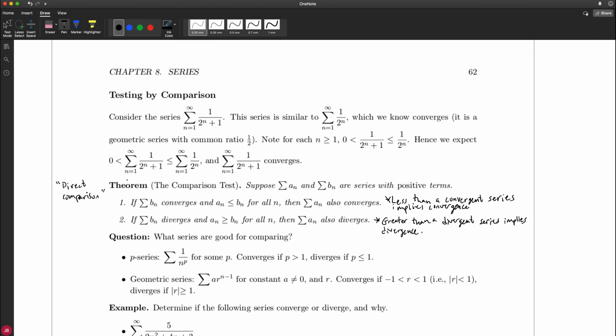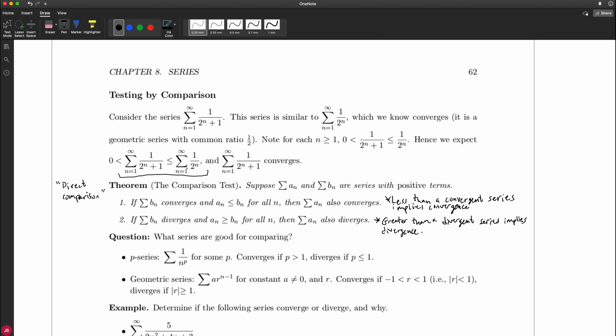So in fact, we have this relationship right here, that because we have a slightly larger denominator always for each n value, we get a slightly smaller fraction. And so when we add them all up, that's smaller than adding up all of these fractions, just 2 to the n's. We saw this when we were doing comparison of integrals. Remember, larger denominator means smaller fraction, and vice versa. Smaller denominator means larger fraction.